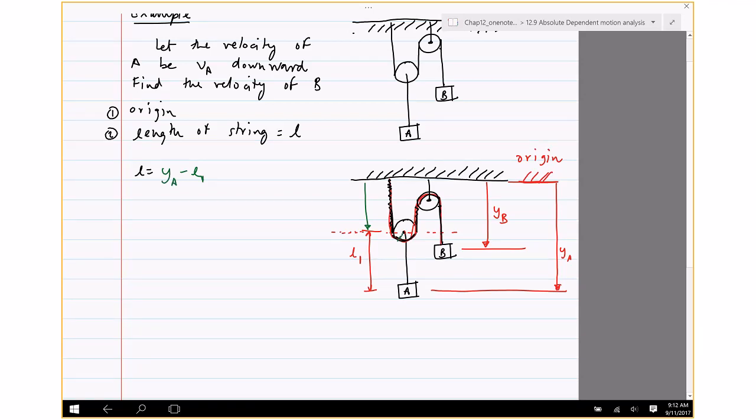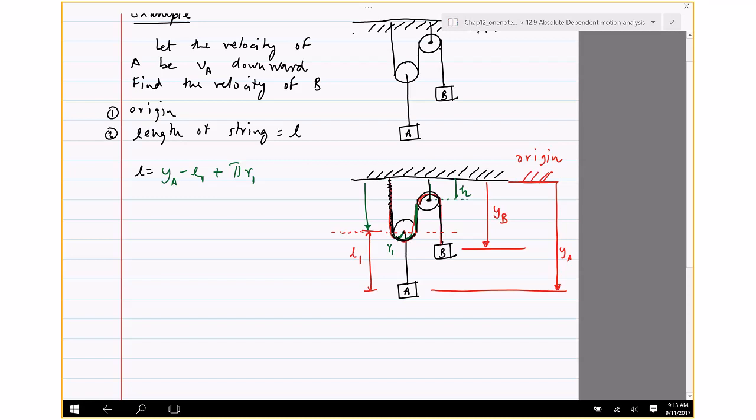If the radius of this pulley is R1, then what's the length of the string which is wound around the pulley? It's almost half the circle, half the circumference of the circle. So it's pi times R1. Okay, then I need to move on to this part. To get this part, it looks like I also need to write this length, which is L2.